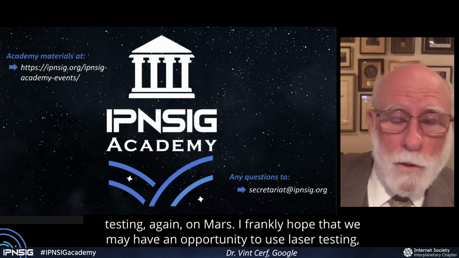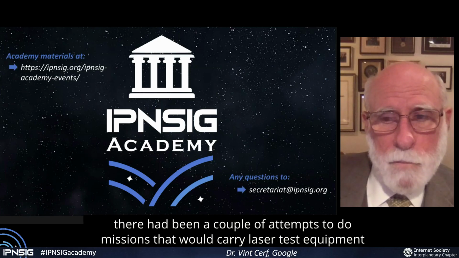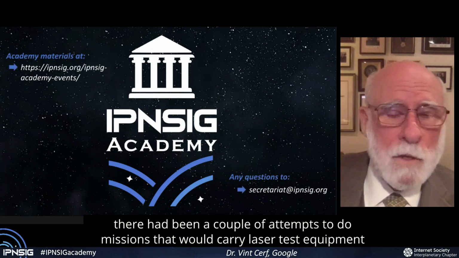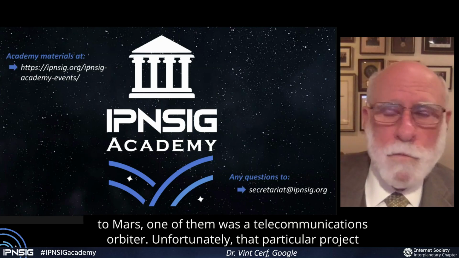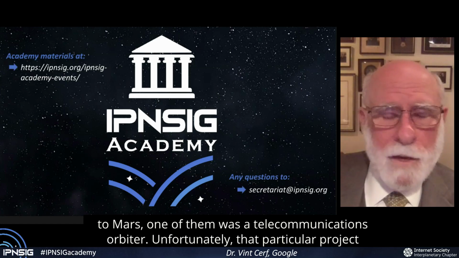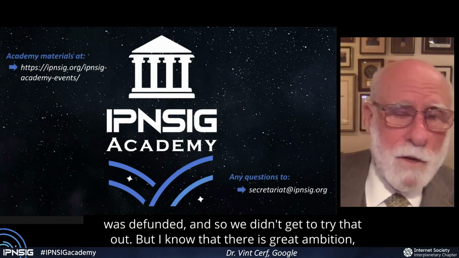I frankly hope that we may have an opportunity to use laser testing. There had been a couple of attempts to do missions that would carry laser test equipment to Mars. One of them was a telecommunications orbiter. Unfortunately, that particular project was defunded, and so we didn't get to try that out.